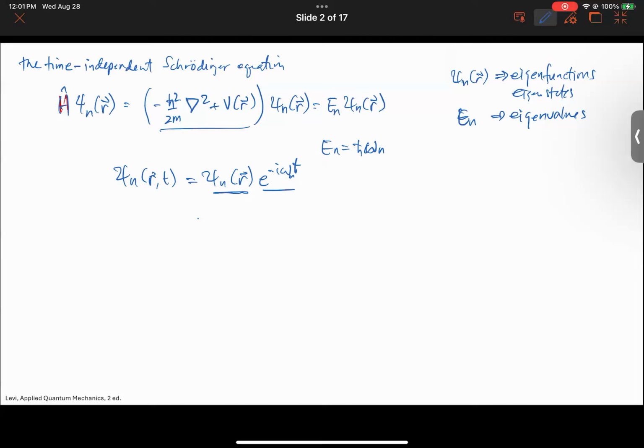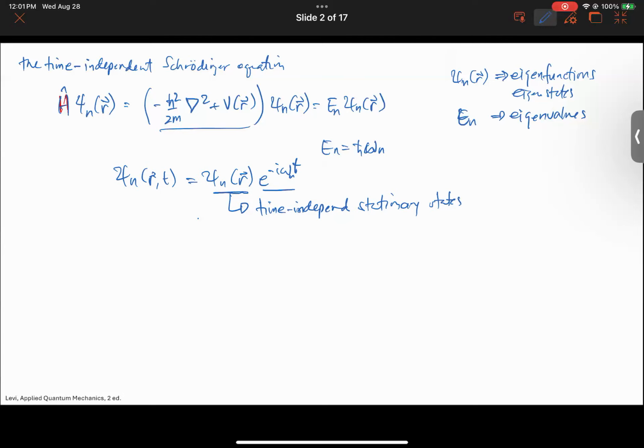We call this psi sub n time-independent stationary states. They are called stationary states particularly because they are time independent.